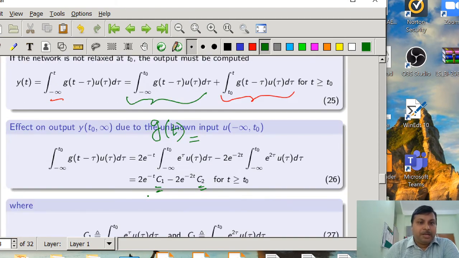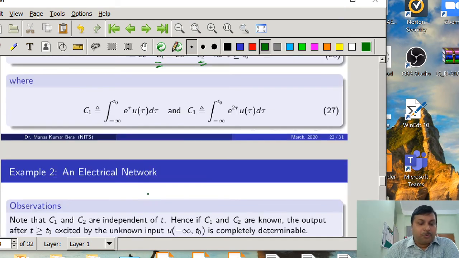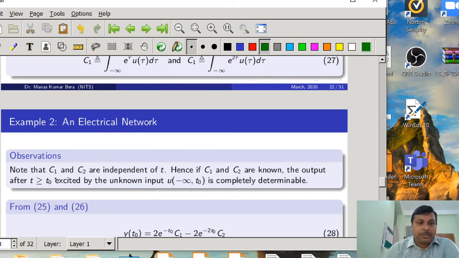But before that, note that c1 and c2 are independent of t. Hence, if c1 and c2 are known, the output y(t) for t greater than t0, excited by the unknown input during minus infinity to t0, is completely determinable.